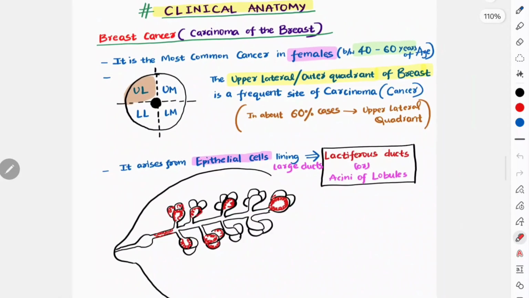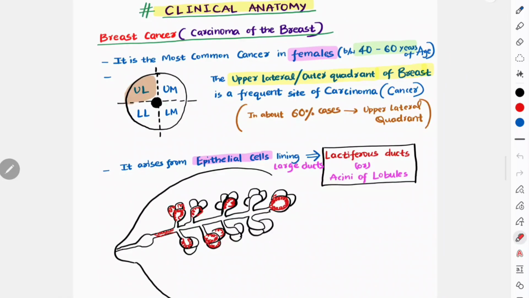That transforms into the tumor mass. So it arises from the epithelial cells of the large ducts, the lactiferous ducts, or the acini of lobules. Here is a lobule, and in that lobule you can see the acini. So the cells lining those lobules are where the tumor develops.